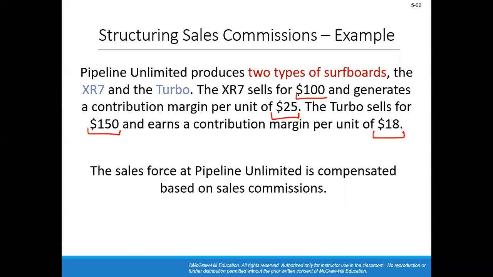So the thing is that there is a problem. The problem is that because we are applying the sales commission based on the sales price, this problem is arising. Rather, if we make the sales commission in terms of the contribution margin of the sales of the product, it will be good.